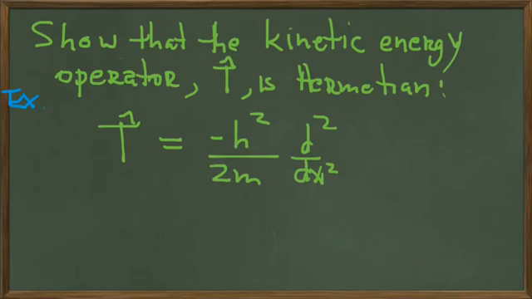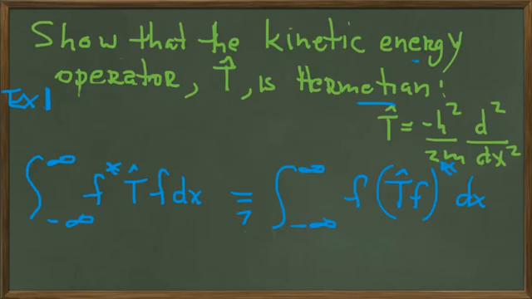So in this example, we want to show that the kinetic energy operator, we're going to call T hat, is Hermitian, and T hat is going to be defined as minus h squared, where h is Planck's constant, divided by 2m, where m is mass, times the second derivative operator d2 dx2.